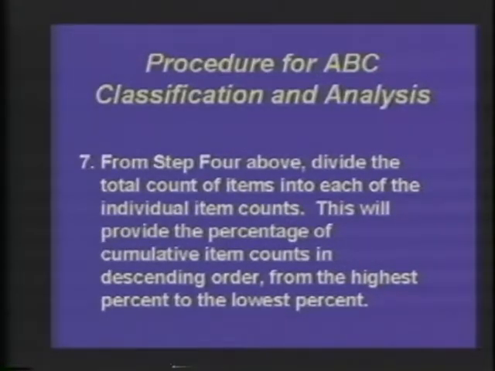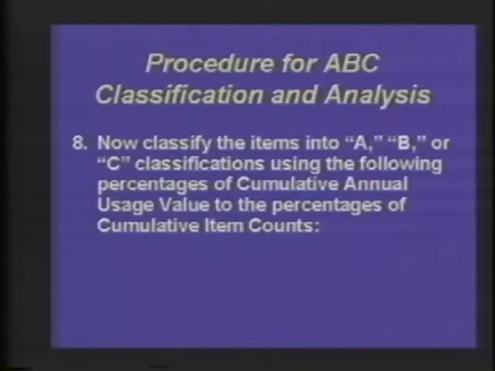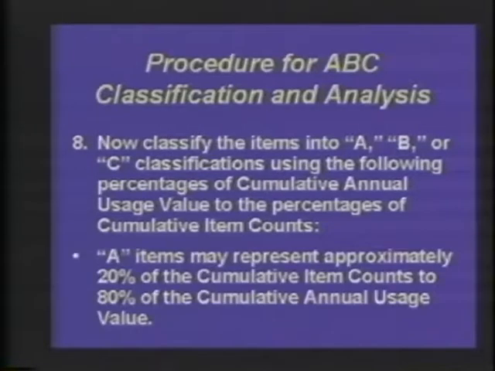And now step 8 is the development of the individual classifications of A, B, and C. And those classifications are defined below item 8, where A indicates that 20% of the part numbers would represent approximately 80% of the cumulative usage value. And this is important, approximately.